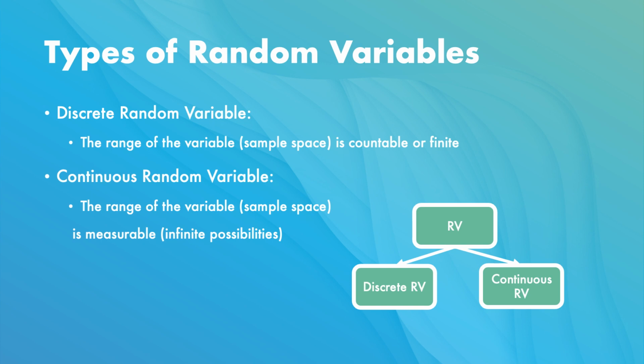So for example, if we are dealing with the integer numbers. The random variable is continuous if the range of the variable, the sample space, is measurable, so if it has infinite possibilities. So it's a sample space that is infinite, that is a spectrum of numbers.